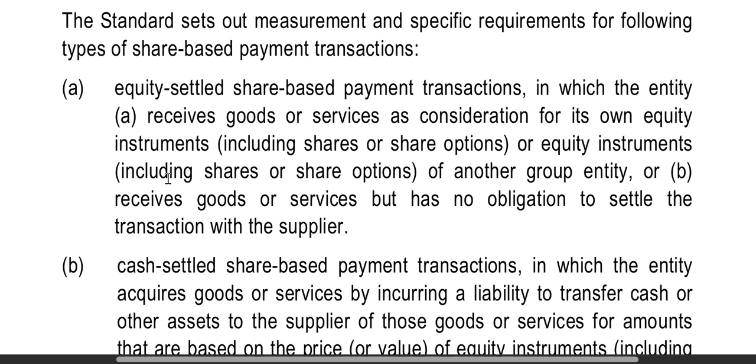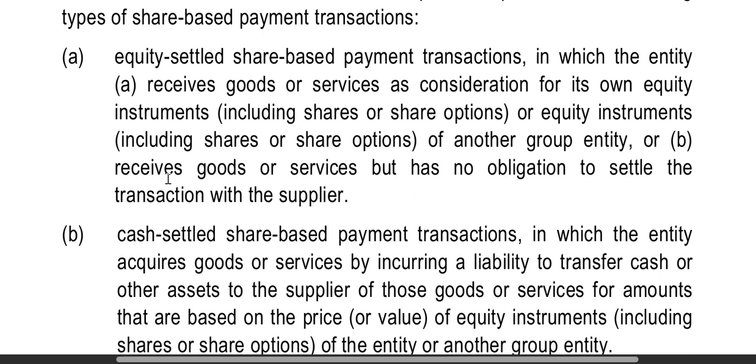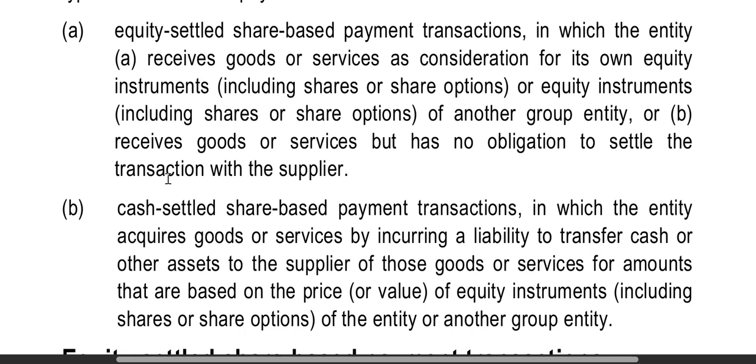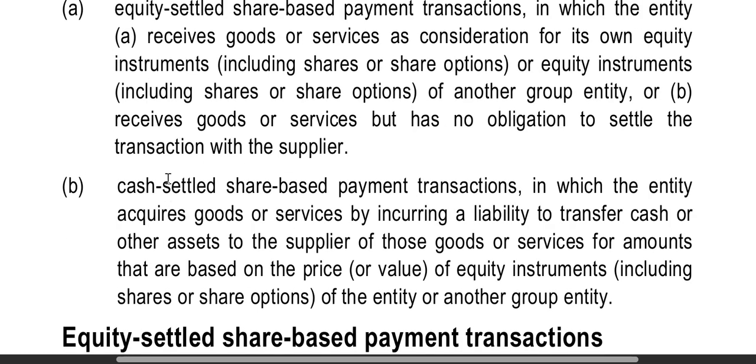Therefore, IFRS 2 sets out measurement and specific requirements for the following types of share-based payment transactions. Equity-settled share-based payment transactions, in which the entity receives goods or services as consideration for its own equity instruments, including shares and share options, or equity instruments of another group entity, or receives goods or services but has no obligation to settle the transaction with the supplier.